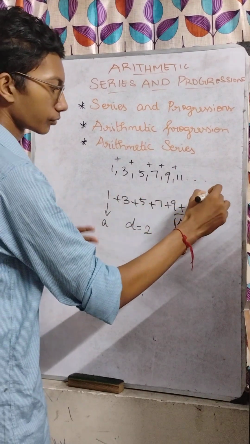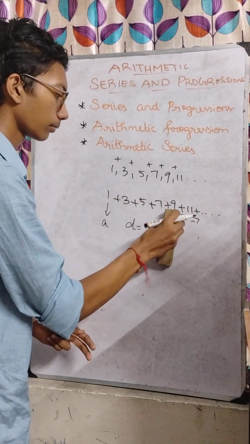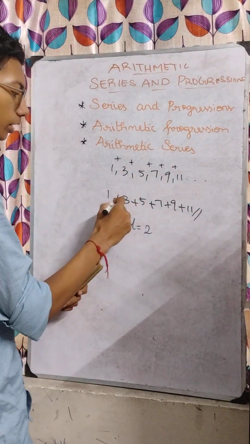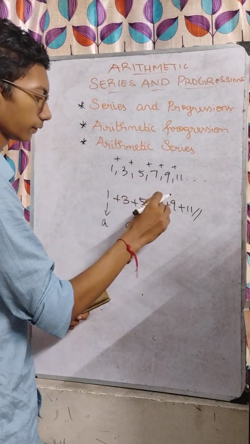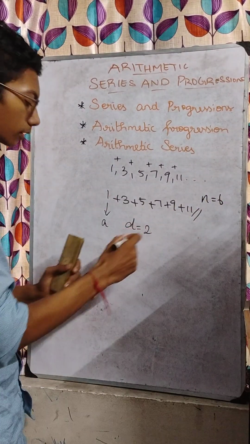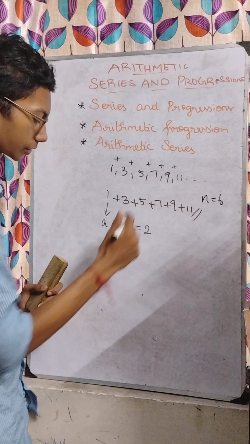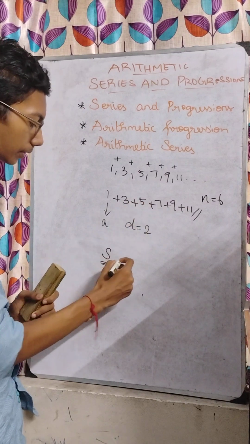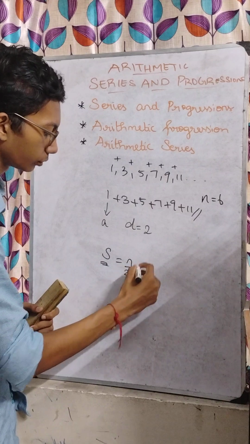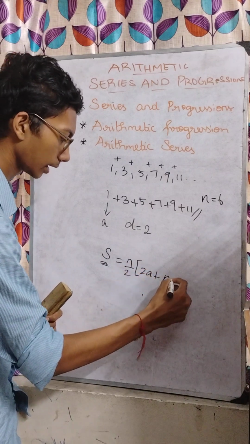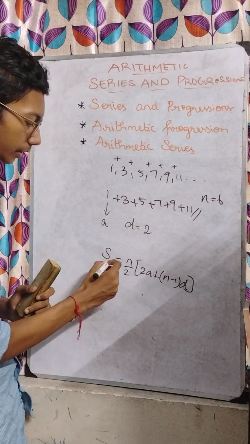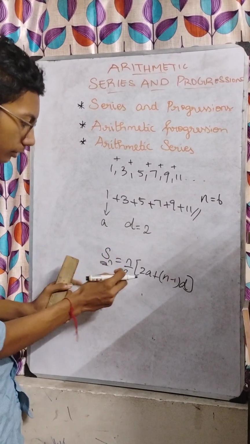And the number of terms here is 1, 2, 3, 4, 5, 6. So the number of terms is 6. What if we need the sum of all these terms? That we will represent as capital S. Then the formula for that is n by 2 of 2a plus n minus 1 d. This is the formula for finding the sum of n terms.